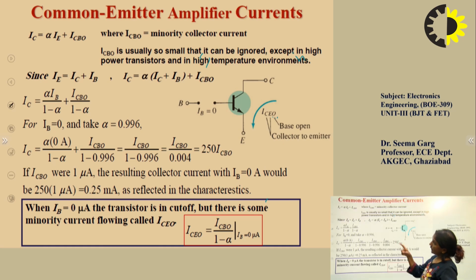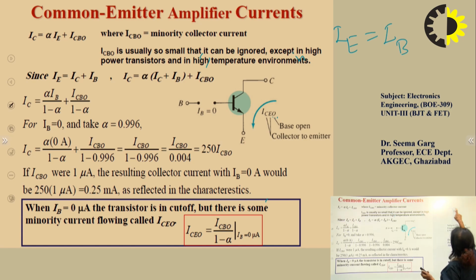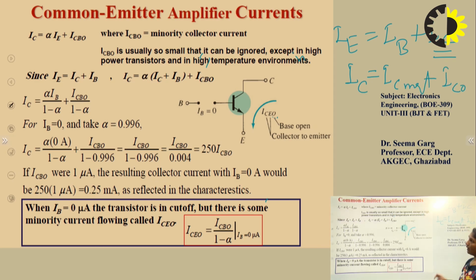We know that the total current is given by IE is equal to IB plus IC, and this IC is basically consisting of two components, that is IC majority and ICO, the leakage current.